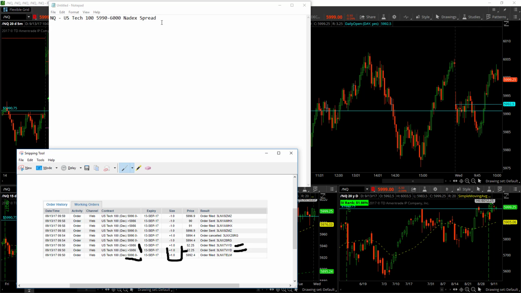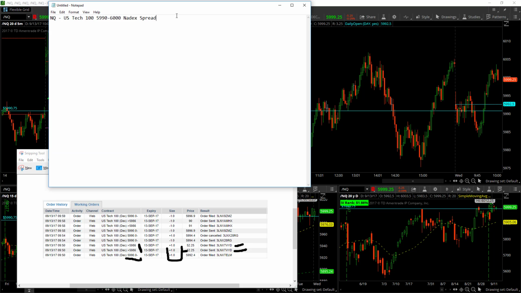One contract on both. So this was the 11 a.m. expiration, and then I went ahead and did the same thing in the NQ with the 59.86, and I bought that for 52 and a quarter. This one I bought for 92.40, which is going to be a $24 risk here per contract.